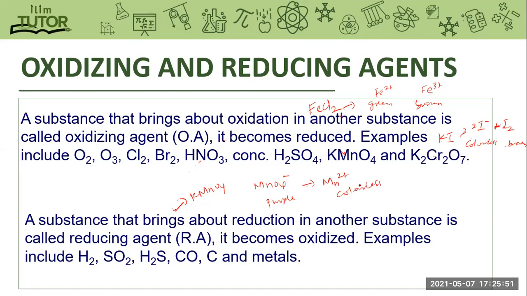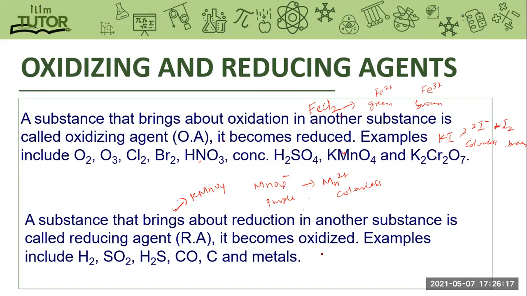So any substance, not all substances though, but if you are testing for a reducing or oxidizing agent, okay, we have other substances that can be oxidized. All right. But if you are testing for a reducing agent and you react it with potassium permanganate solution, the color will go from purple to colorless. That is an indication that that substance is a reducing agent.